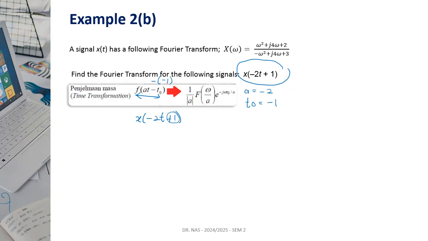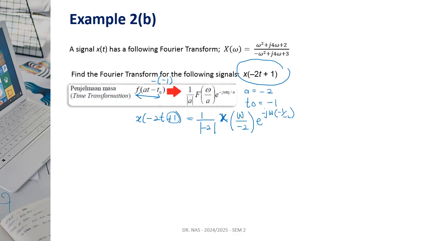So this will produce 1 over the modulus of a, which is negative 2, times X of omega divided by a, which is negative 2, and then e to the negative j omega, your t naught again negative 1, over a, negative 2.